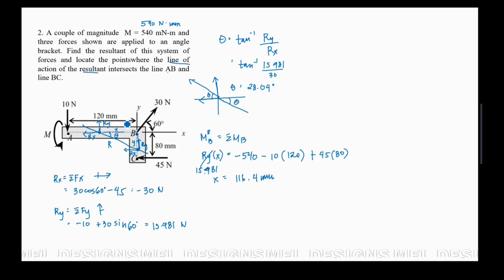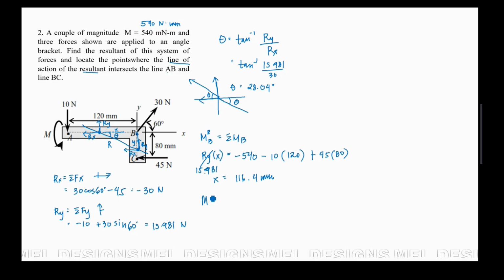Next, mag-summation of moment ulit tayo at point B kasi kanina Ry lang yung nagamit natin. Kasi same line of action for our Rx and then yung ating point B. Therefore, we can utilize this point para magamit naman natin yung Rx in determining the value of y. Ngayon, yung Ry naman yung maneneglect because same line of action with our point B. Okay?